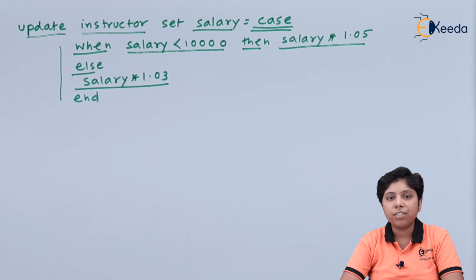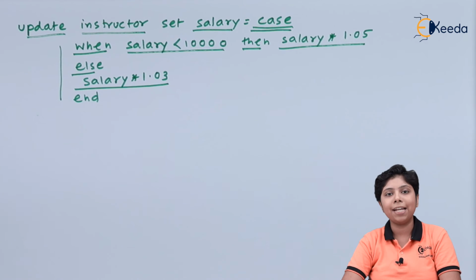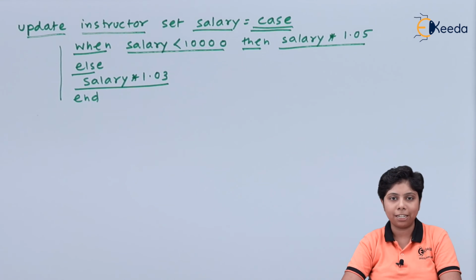Now I can even natural join two relations together and use the resultant relation as a reference for the updation statement. Let us see how to do that.